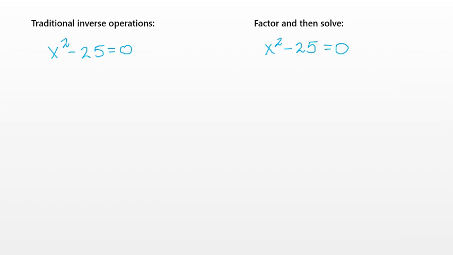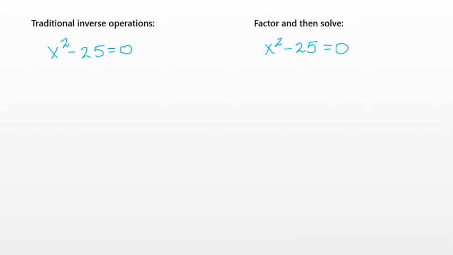So prior to this unit, we only knew how to solve algebraic equations by using inverse operations and the properties of equality. So using those inverse operations applied to both sides, isolating the variable, and then we would get the solution. So in the last couple of lessons, we have been learning how to factor algebraic expressions.